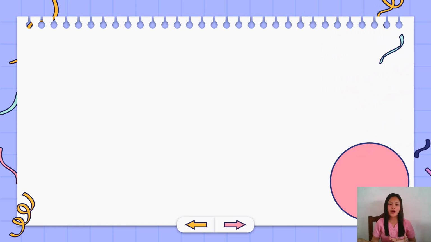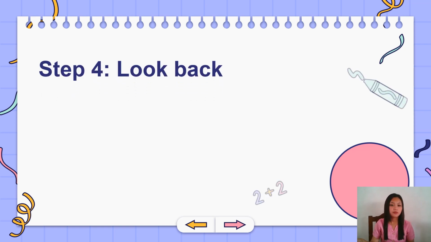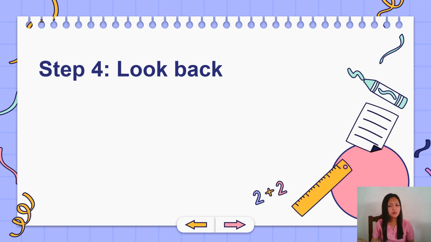When we now find a good strategy to solve and find the answer, the last step we do is to look back. You may be familiar with the expression, don't look back. But in problem solving, it is good to look back. We must check and interpret our answers.